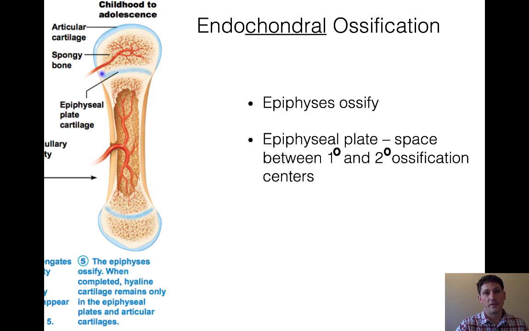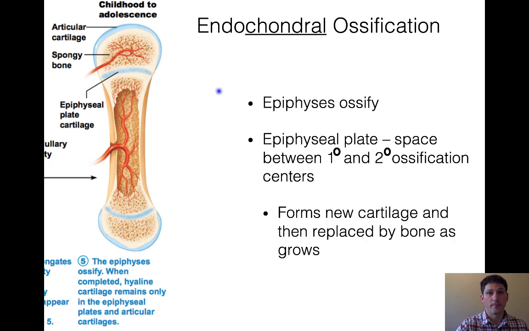That epiphyseal plate, where we have the residual hyaline cartilage, is where we're going to go next with our bone development. That space remains cartilage until around 18 to 20 years old, when we stop growing, and that epiphyseal plate becomes our epiphyseal line.